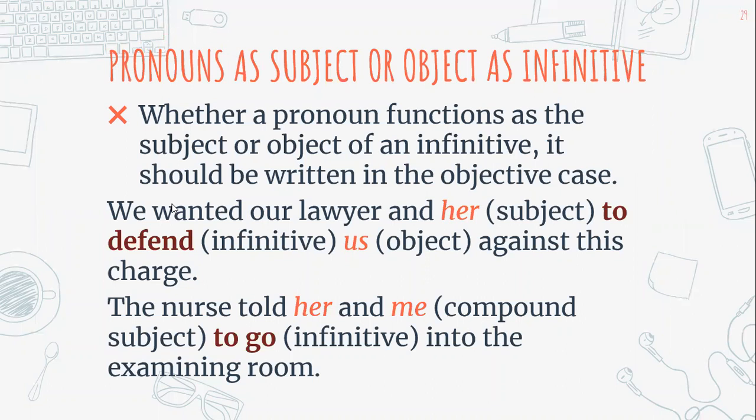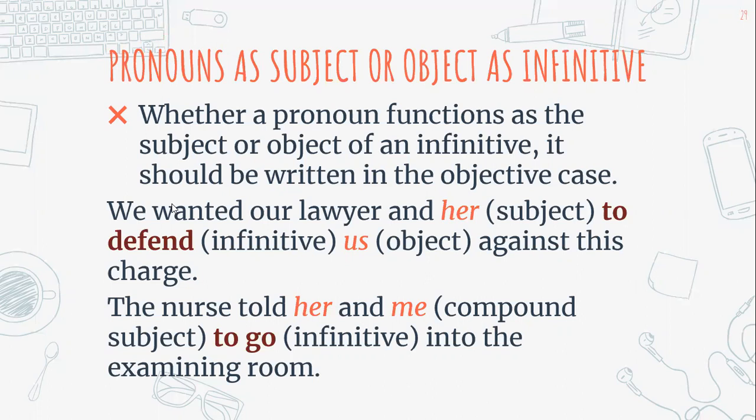The nurse told her and me, compound subject, to go, infinitive, to the examining room. And we know that infinitives are just to plus the base verb. So to breathe, to eat, to play, to defend, to go, all of these are infinitives.